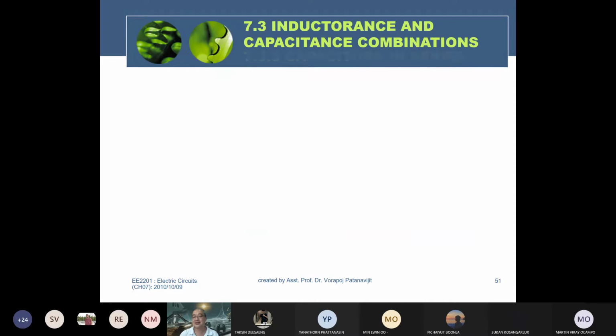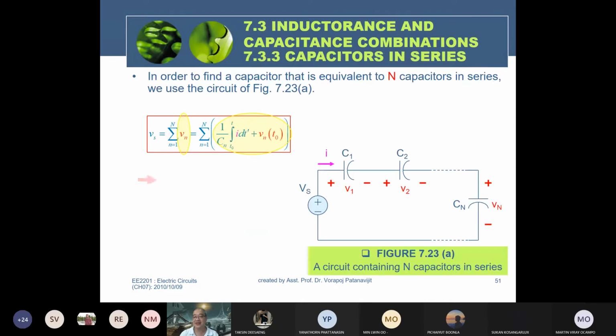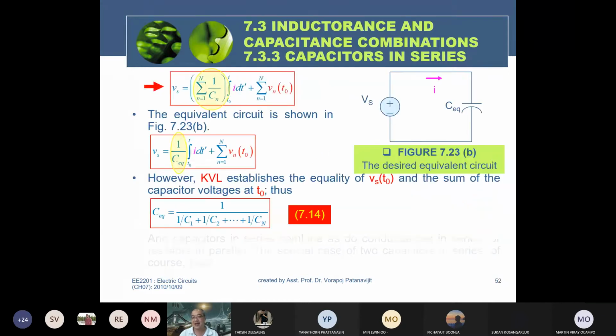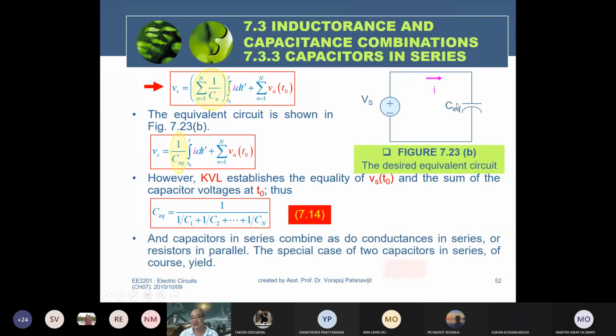But the capacitor is different. The capacitor is reversed. How is it reversed? If the capacitors are connected in series, you combine them like resistors in parallel. Therefore, 1 divided by C equivalent equals 1 divided by C1 plus 1 divided by C2 plus up to 1 divided by Cn. Or C equivalent equals 1 divided by the sum of 1 divided by C1 plus 1 divided by C2 plus 1 divided by Cn.